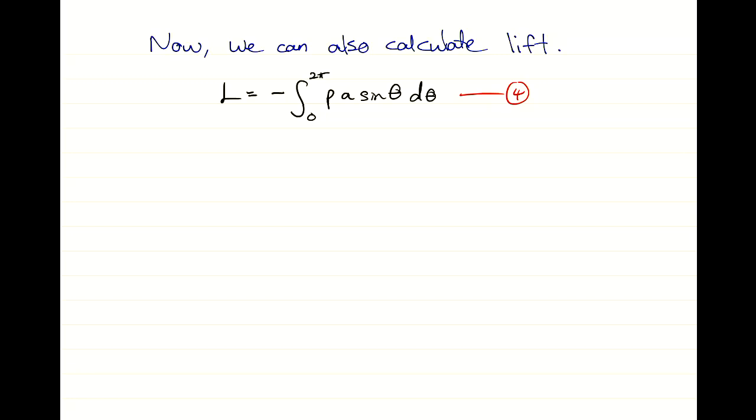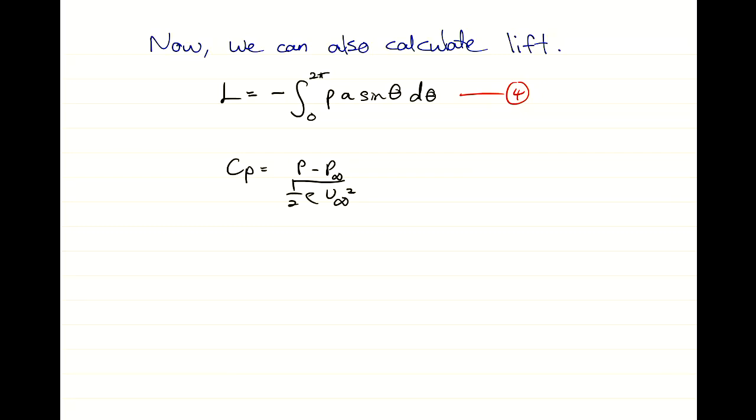Right, so we know that Cp equals P minus P infinity over half rho u infinity squared.